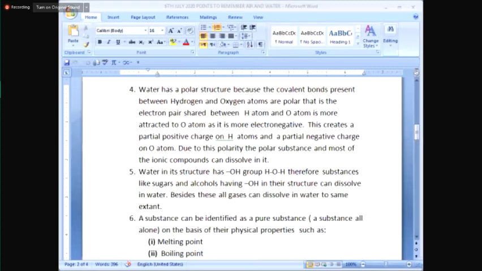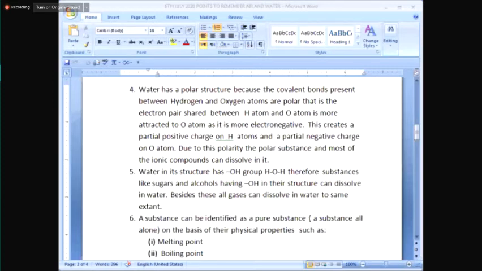So much so that 400 cm cube of ammonia gas can dissolve in 1 cm cube of water. See how highly soluble this gas is in water, because it ionizes in water, and water is also a polar covalent compound, so great solubility.